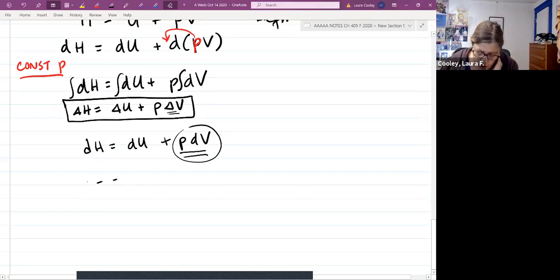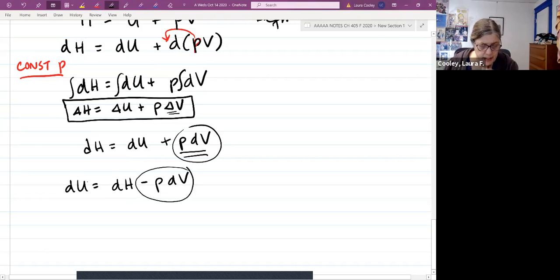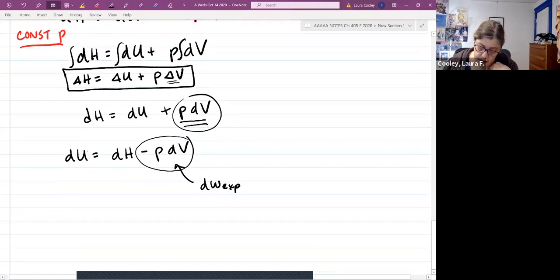If you flip it around and you solve for dU, and you think about what this thing here is, remember the only kind of work we have is expansion work, and you can see that this is actually dW expansion. So really, all this is, guess what? The first law.